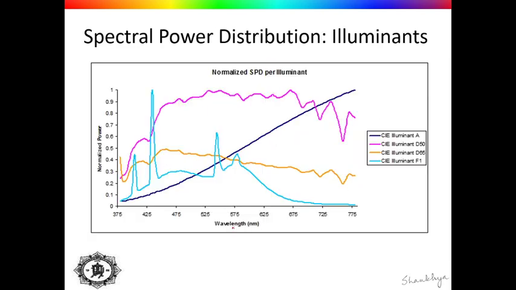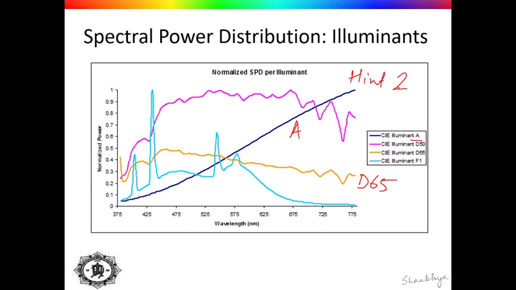So yes, here it is. Take a look at the dark blue line over here. This represents the SPD of illuminant A. Now notice the nature of this particular SPD, and also notice the yellow line, which represents the SPD of illuminant D65. Just pause the video here for a minute, take a look at it, or take a screenshot. This is your hint number 2.